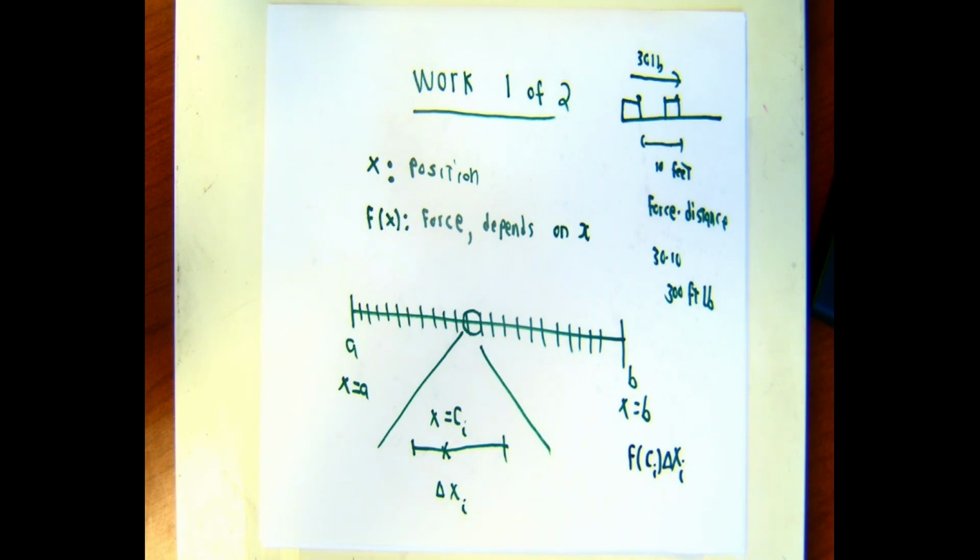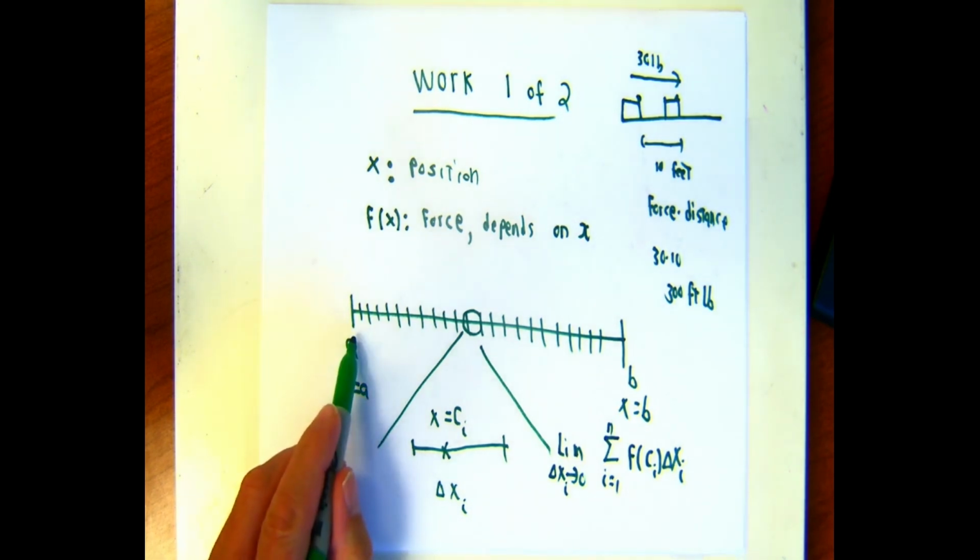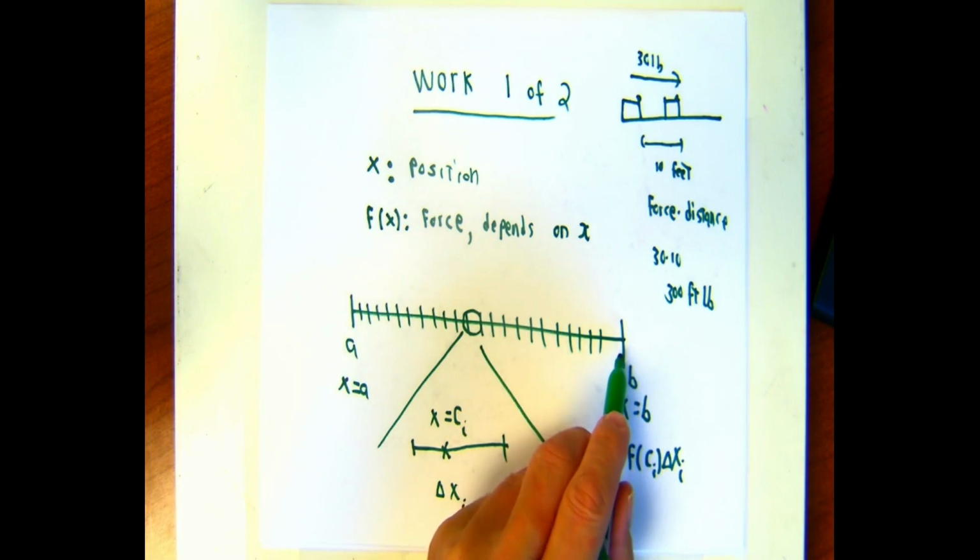The work done on this one individual piece is approximately F at c sub i times delta x sub i. As surely comes to no surprise to anyone by this stage of the game, we add up all of these pieces, then take the limit as all of the delta x's go to 0 to make our estimates perfect. This is the amount of work done traveling from x equals a to x equals b.